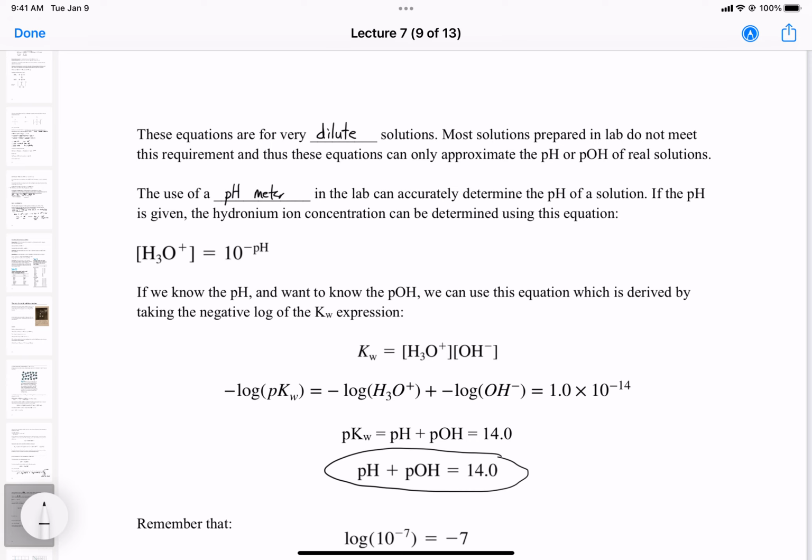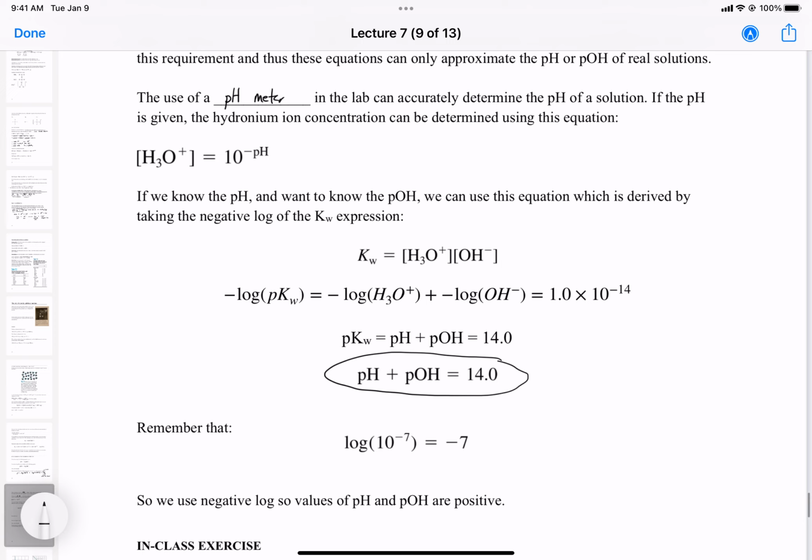If you look right here, the log of a number less than 1 will be negative, and log 1 is 0. The log of anything greater than 1 is positive.